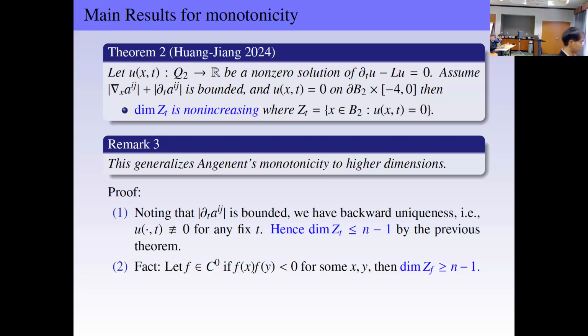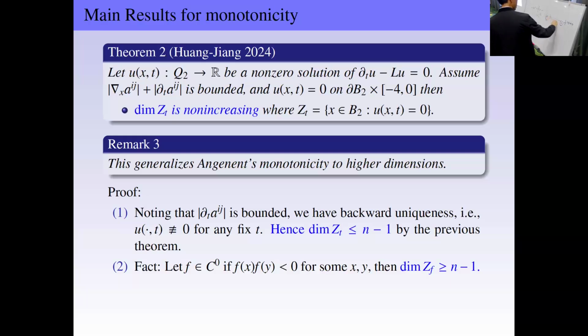Since the function is continuous, if f(x) is bigger than 0 and f(y) is less than 0, then at least in a neighborhood of x it is bigger than 0, and in a neighborhood of y it is less than 0. Then we can draw a lot of lines here. By the mean value theorem or continuity, on each line there must be a nodal point. So one can easily prove that the dimension here is bigger than or equal to n minus 1.